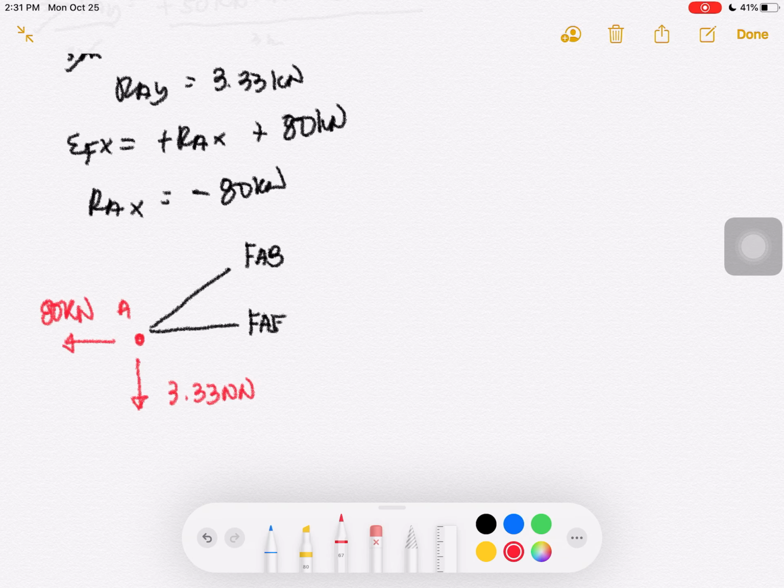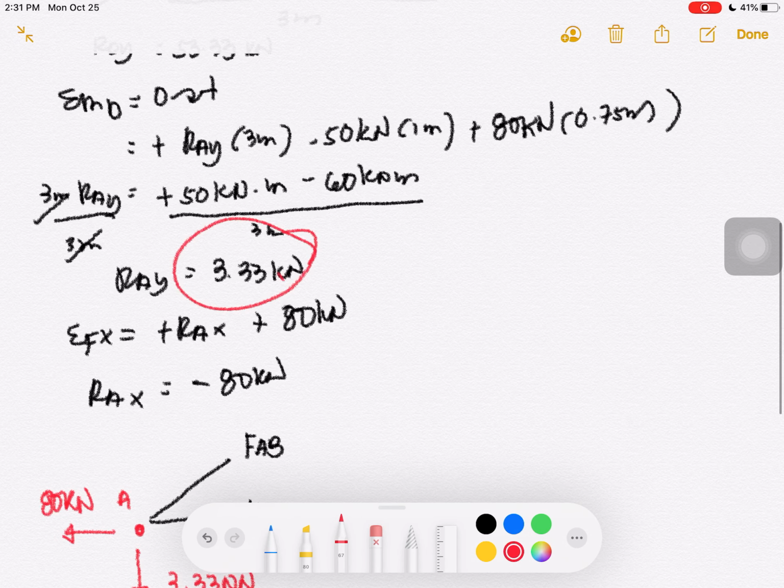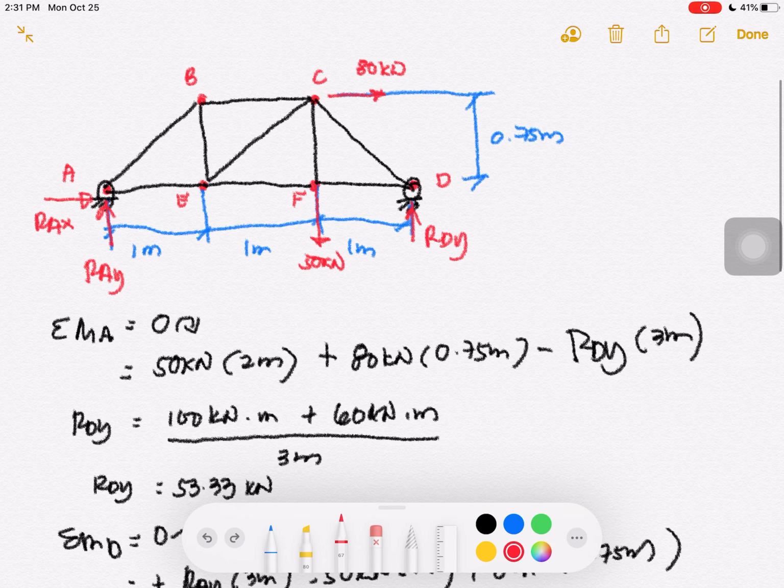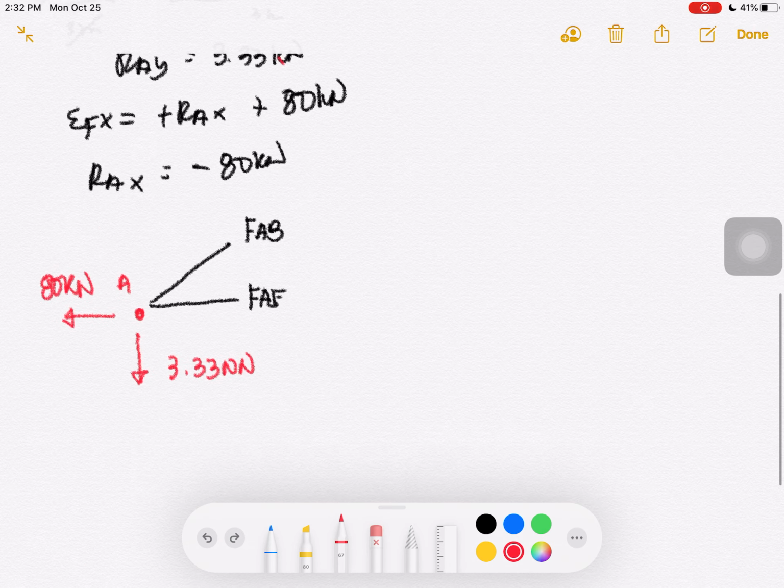It's going down because here it's negative, so your assumption of going up has to be reversed to going down. Okay, so this is your FBD. So you're gonna use the summation of force along Y and summation of force along X to get the unknown variables here.